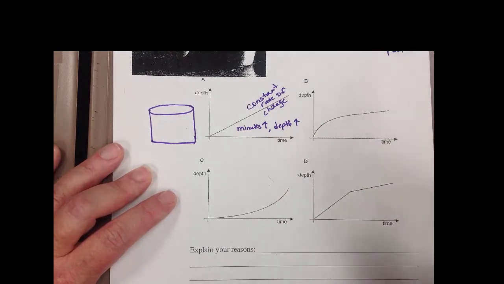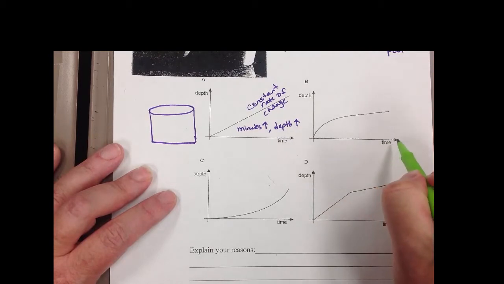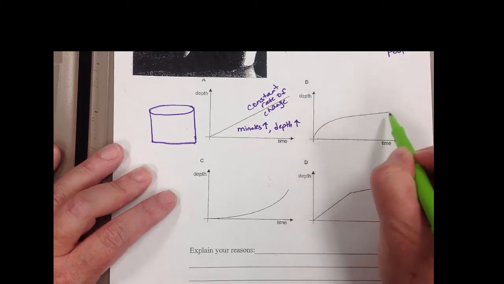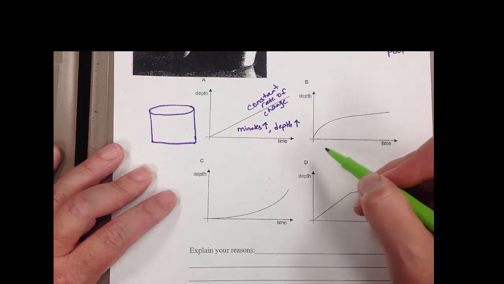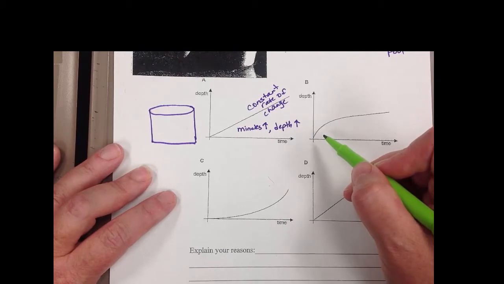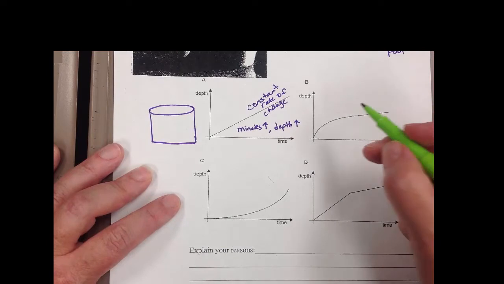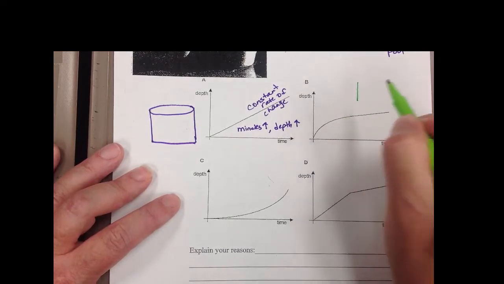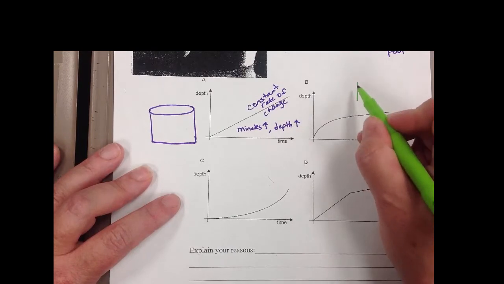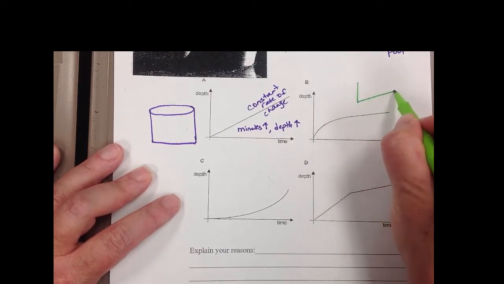Pool B, this graph shows, well, as time increases on the x-axis, first, the depth increases pretty quickly, and then it starts leveling off. So picture a pool where the depth increases quickly, and then the whole pool takes a while to fill out. And what I'm picturing right now would be maybe something a little different than what we have at Rocco's pool, where you have a deep end, and the pool just consistently goes up.